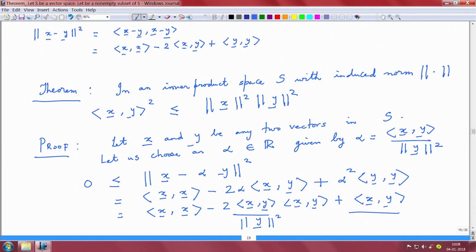Alpha is a positive quantity. So, even if I put a mod here, I can just put a square here because it is anyway a positive quantity, norm of y squared times the inner product of y with y.